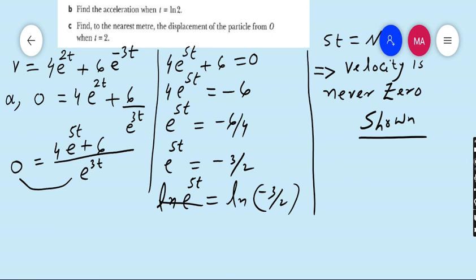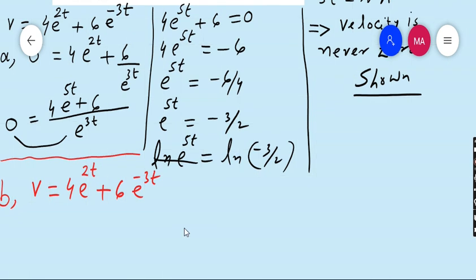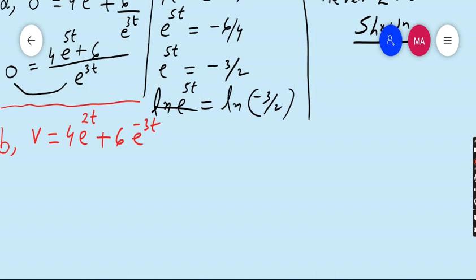Come to part B. Find the acceleration at t equals ln 2. So you have velocity given, 4e^(2t) plus 6e^(-3t). How to obtain acceleration with the help of velocity? Just differentiate the velocity with respect to time.